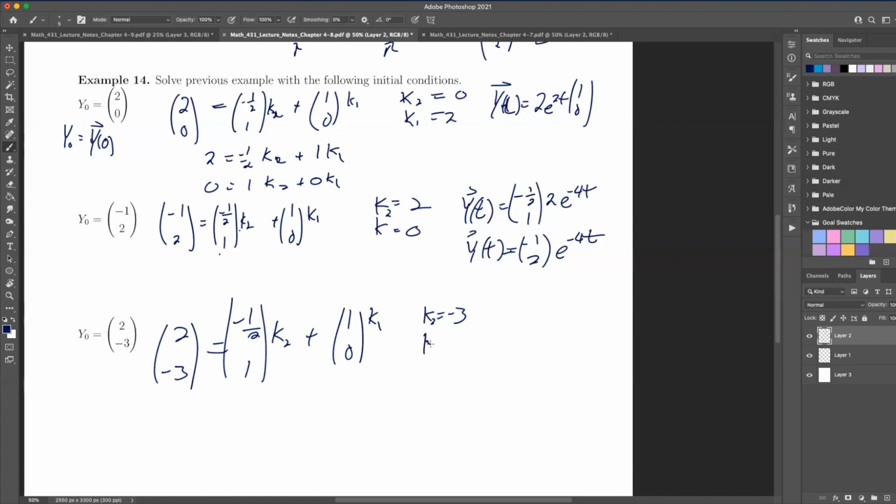What's K1 equal, if K2 is -3? A half, yeah, half's correct. So here we have a half. Because if I plug in -3, I get -3 halves, and this becomes negative, so this becomes positive, 3 halves plus a half, that gives that. So here's our answer. And this is going to be the one that looks a little bit more interesting.